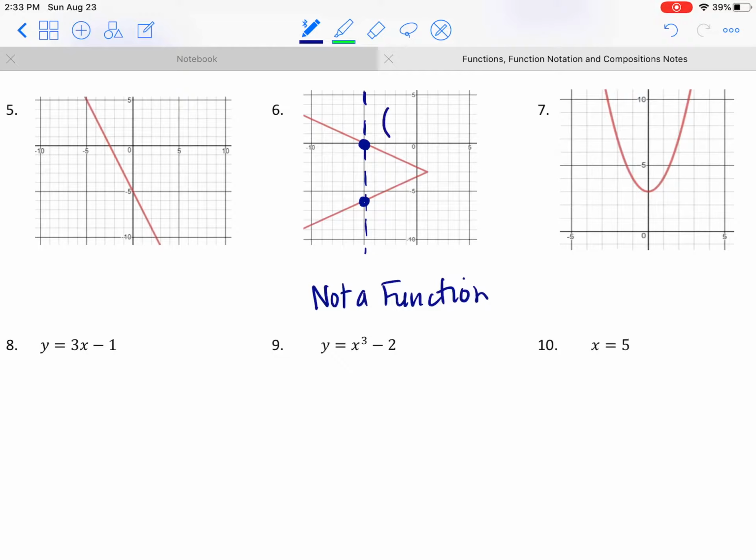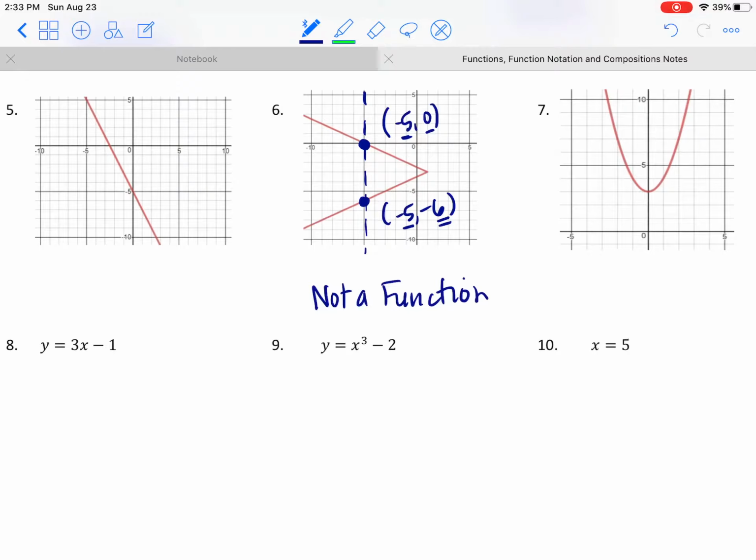The coordinates at this first point are -5, 0, and then the second point here, the coordinates are -5, -6. So you can see it's one person with a birthday, and here's the same person now with a different birthday, right? So every x corresponding to one y, that same definition, we can see applying or not applying using this vertical line test. So number 6 is not a function.